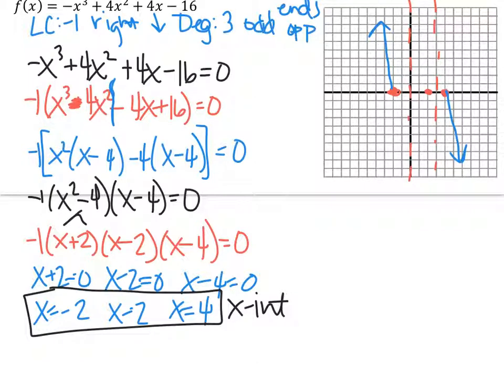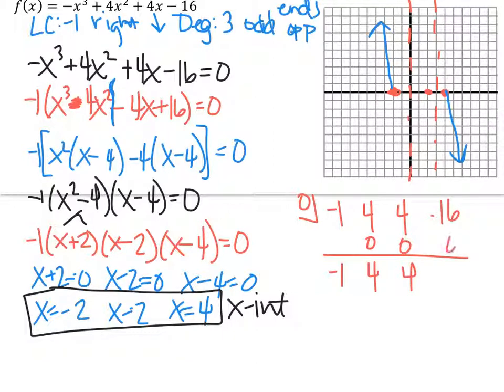My first halfway point, where my relative min or max is when x equals 0. So I'm going to use synthetic division to figure out what the y value is there. Which is -16. Because remember, your remainder is always your y value.